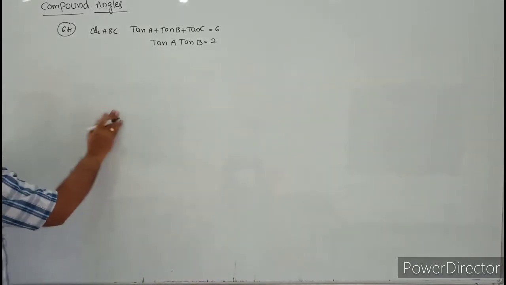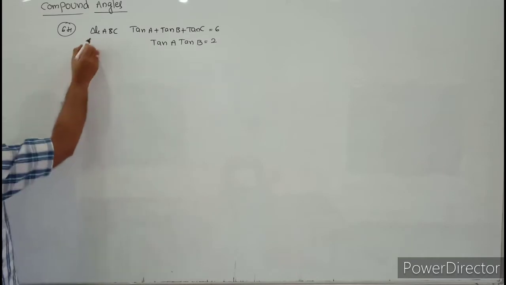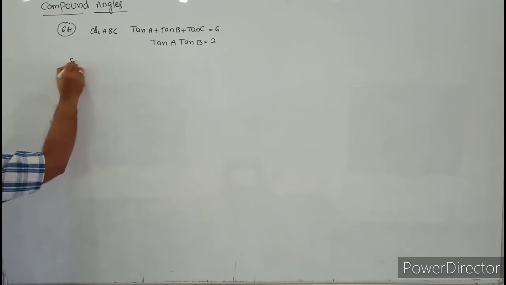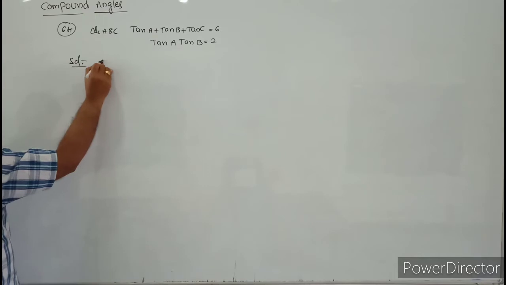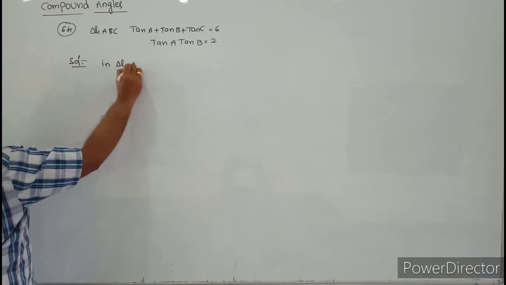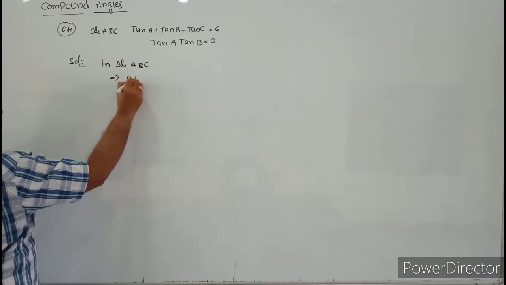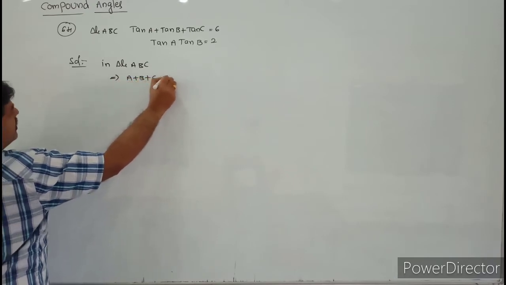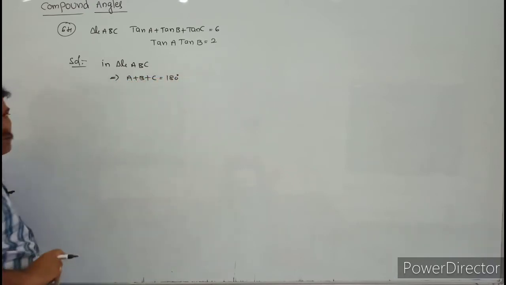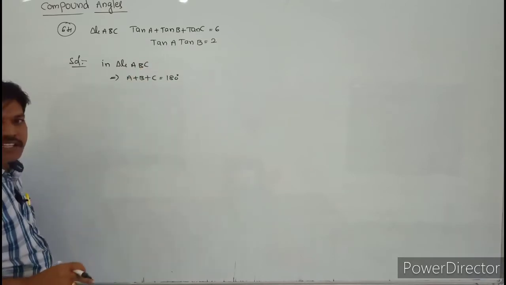So first you have to see that in triangle ABC, A plus B plus C is equal to 180 degrees. Yes or no? In triangle ABC, the sum of the angles is 180 degrees.